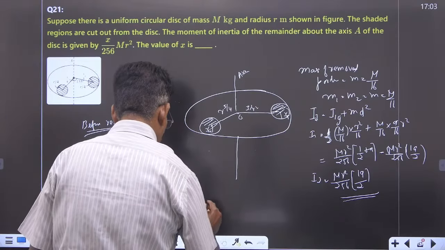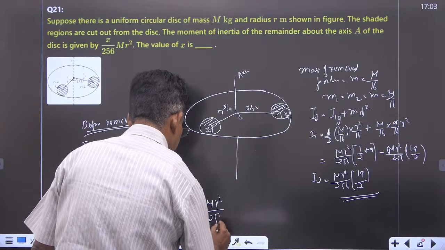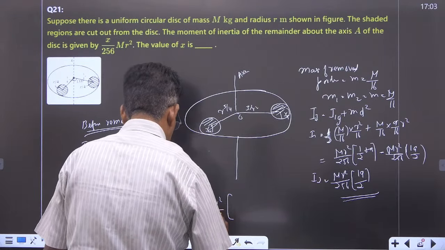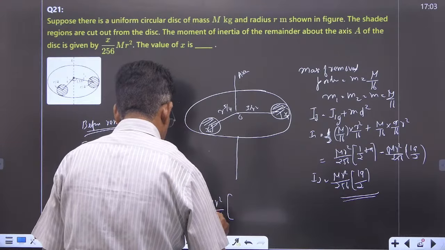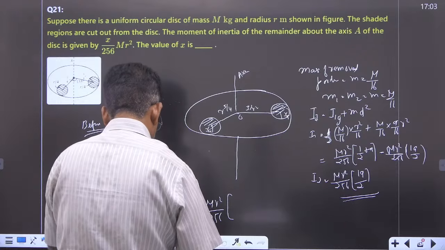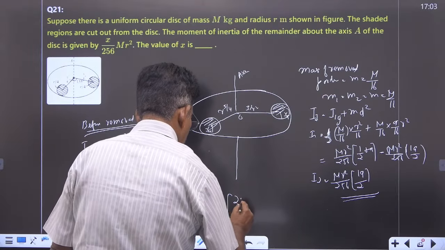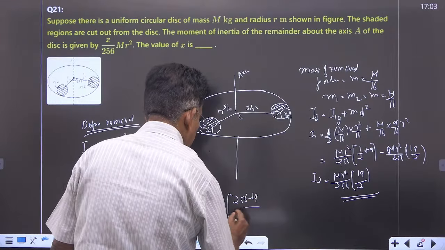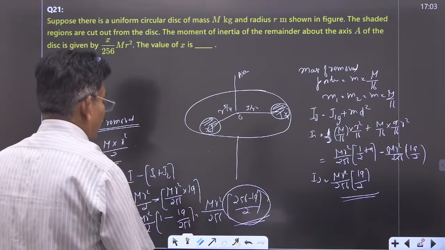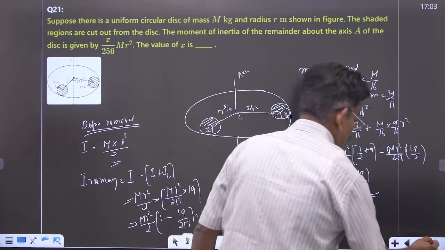So it will be MR squared by 256 into 256 minus 19. You will be getting the value. This is asked from you, that is the X value. I think it is 109 coming. You find it out.